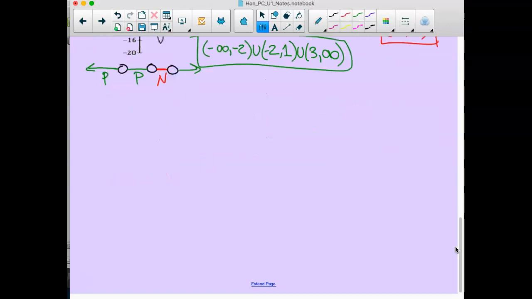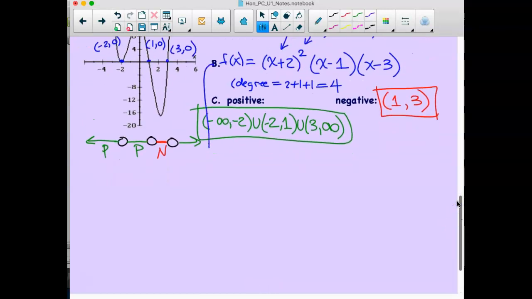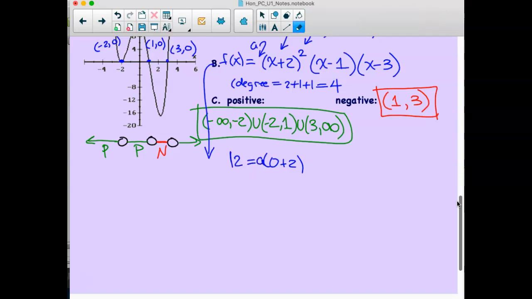So here, let me go down here. If you want to go through 0, 12, I want an a value where 0 goes in for x and 12 comes out for y. That will give me an a value. We'll do that one more time.